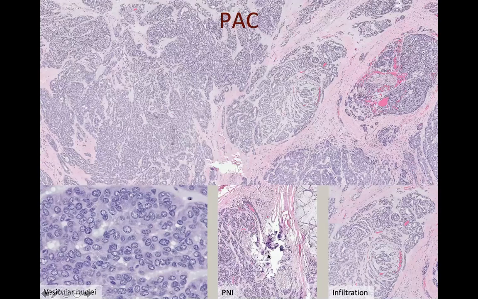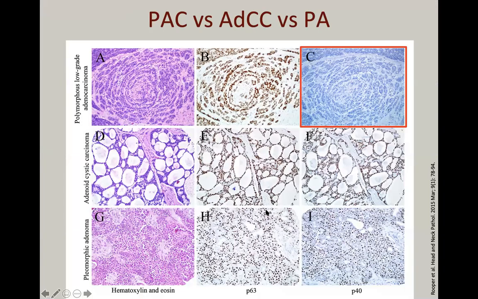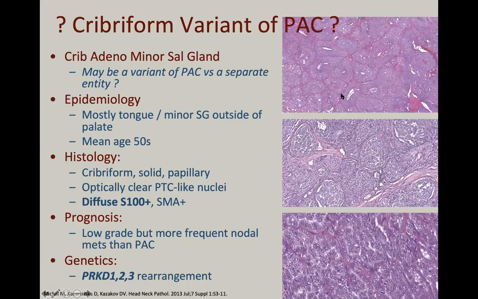This also sometimes has perineural invasion, but we think does not behave quite as aggressively as adenoid cystic. And you can differentiate it histologically from adenoid cystic based on its lack of a myoepithelial cell layer, by its lack of P40.